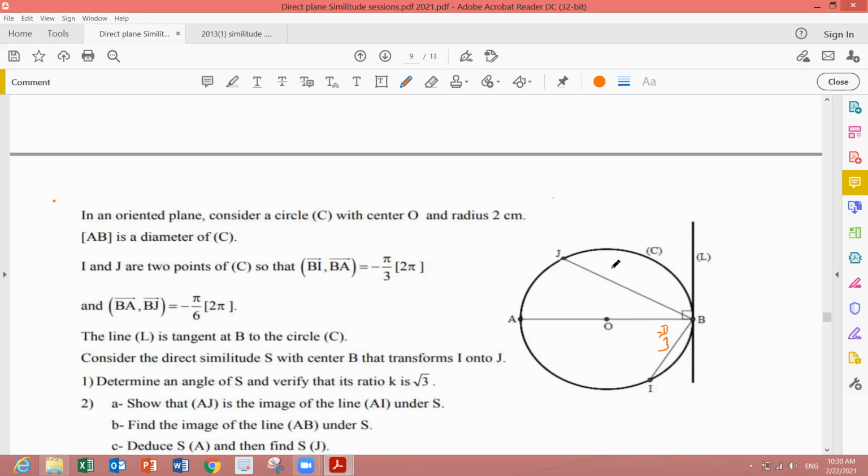The angle BABI is minus pi over 3, and BABJ is minus pi over 6. L is the tangent at B to the circle. Did you draw the figure? One minute.